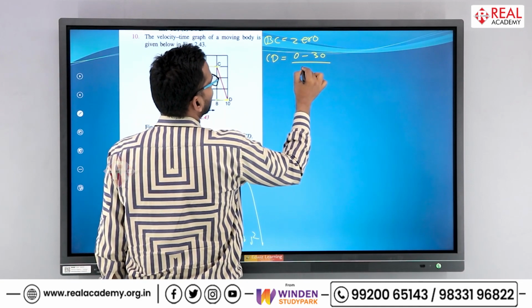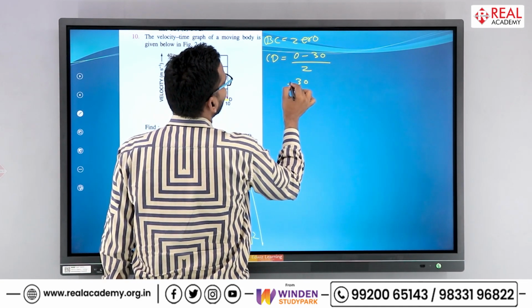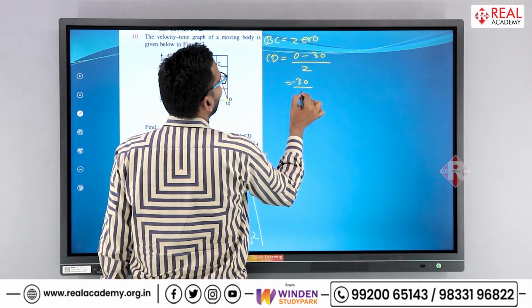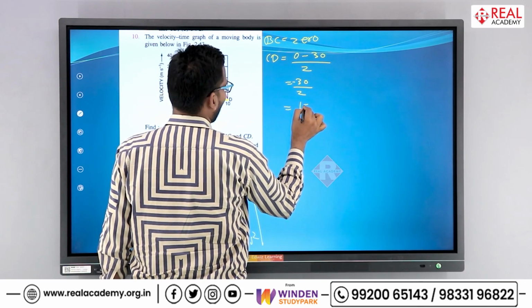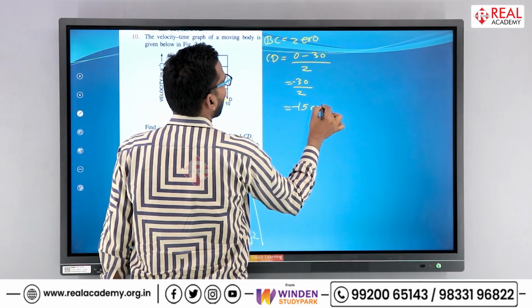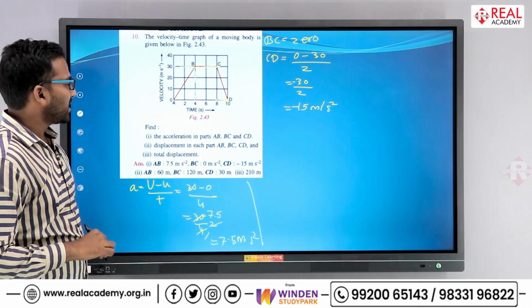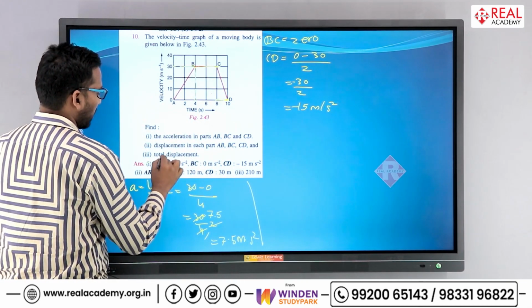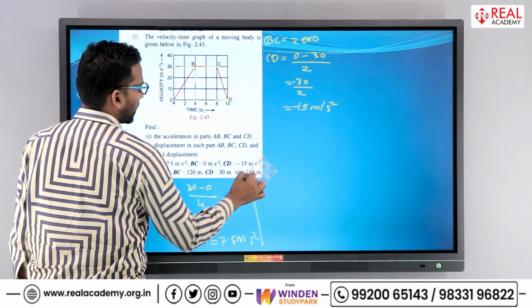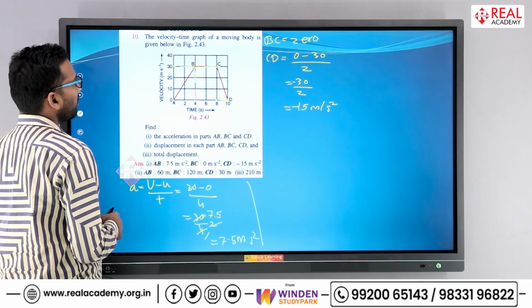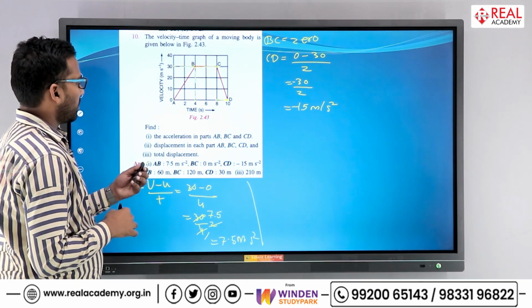It is taking 2 hours. So that is 0 minus 30 upon 2, which is nothing but minus 15 meter per second square. These are the required answers.